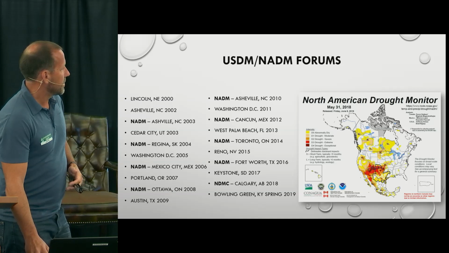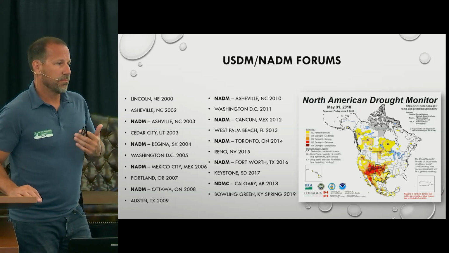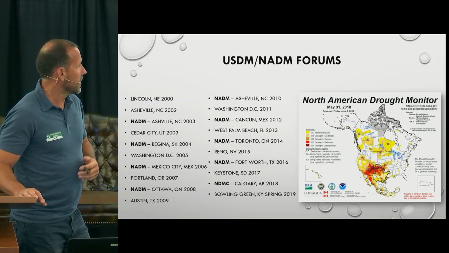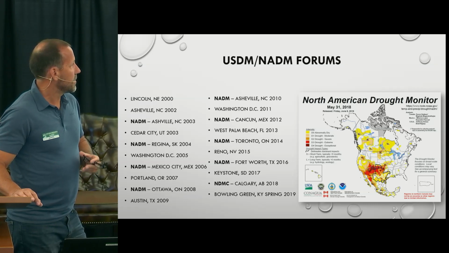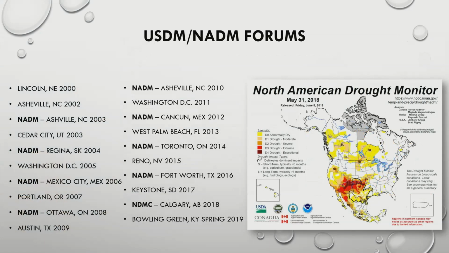We also have an opportunity to get input and get people familiarized with the process that the Drought Monitor goes through each week at the USDM and the North American Drought Monitor forums. And those are on alternating years. So every 2 years, the US Drought Monitor has a national forum, and we invite folks from the listserv, as well as Drought Monitor authors and people who create the products that we use to do the assessments.